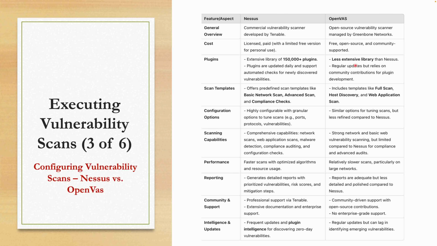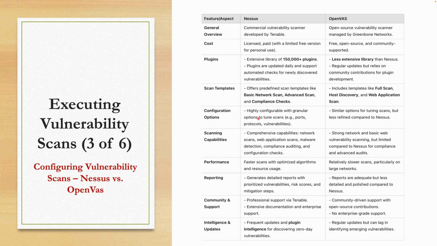OpenVAS has much less. There are so many templates for Nessus; one way to figure this out is by downloading it and looking at it. OpenVAS has its own templates like full scan, host discovery, web application scan, and configuration.